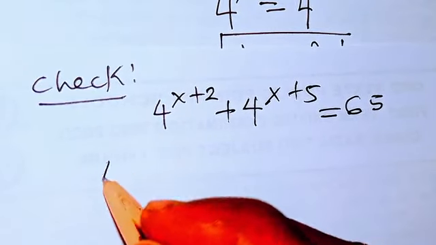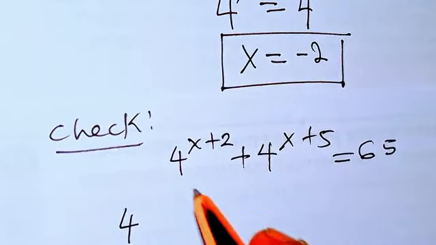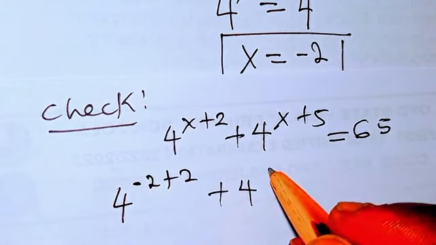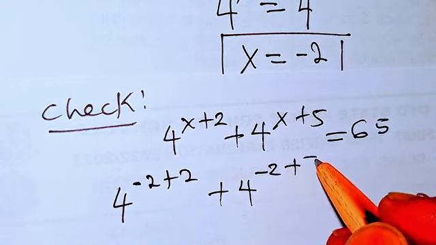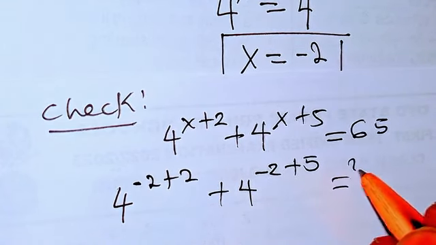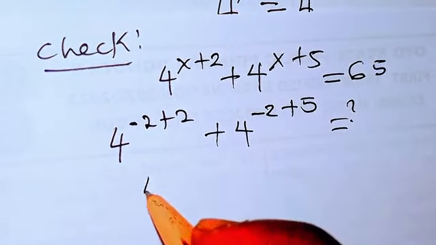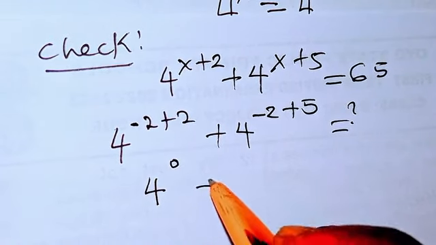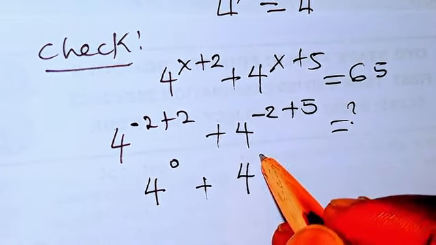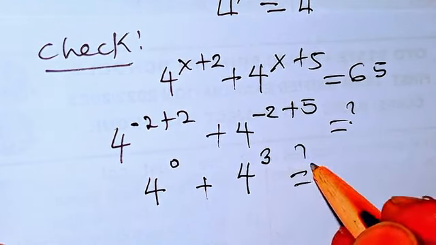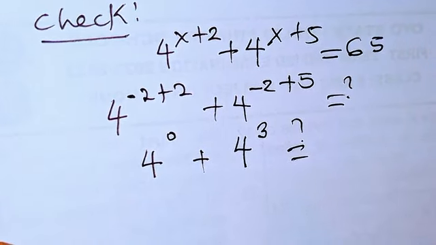So now the x we got is minus 2, so we have 4 to the power of minus 2 plus 2, plus 4 to the power of minus 2 plus 5. Is it going to give us 65? So let's see. 4 to the power of 0 plus 4 to the power of 3. Okay, is it going to give us 65?